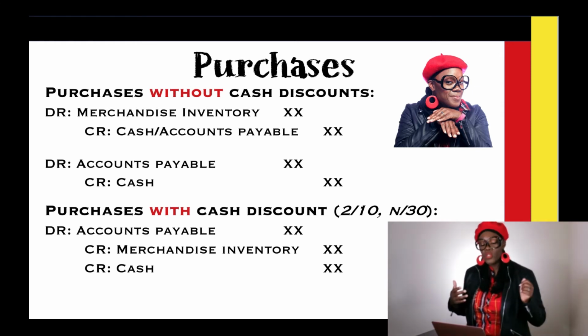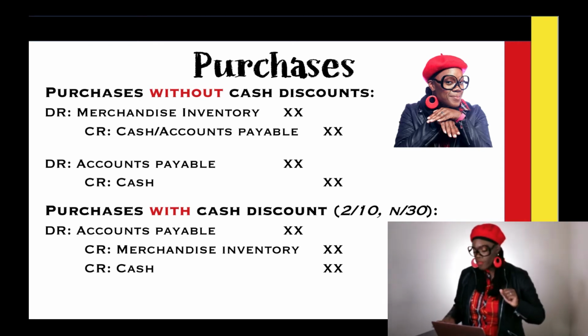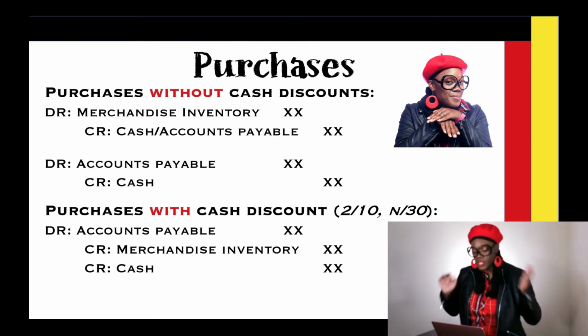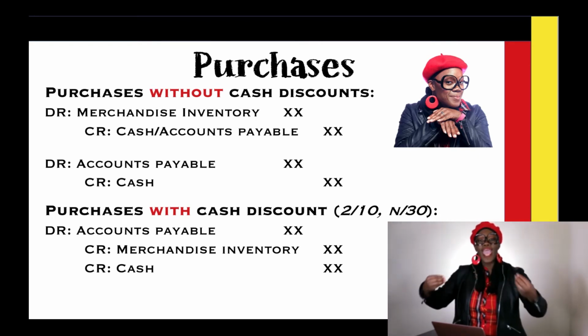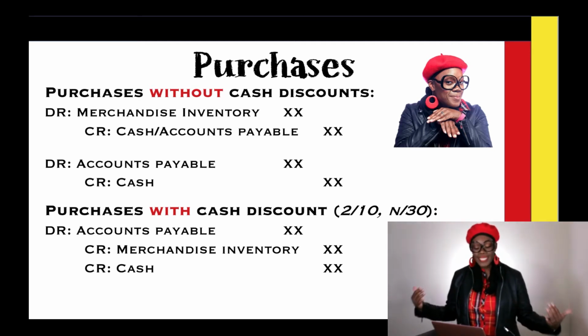So for example, you'll see that we have this little thing called 2/10, n/30. That means 2% if we pay within 10 days, but if not, we need to pay it within 30 days. So we get a 2% discount if we pay within 10 days. If not, then we have to pay it in 30 days regardless. Okay. All right. So if that is the case and we pay within those 10 days, then we get to record a discount.